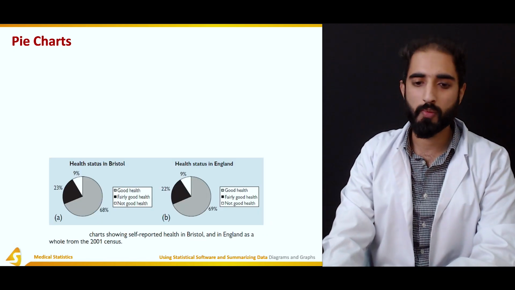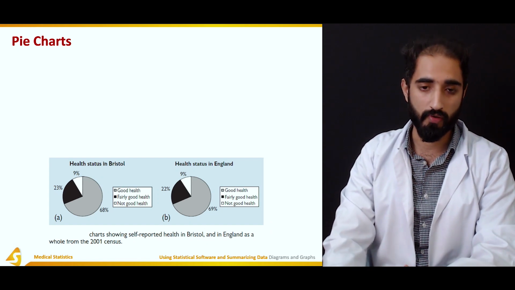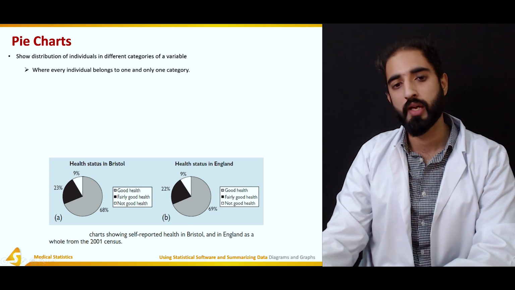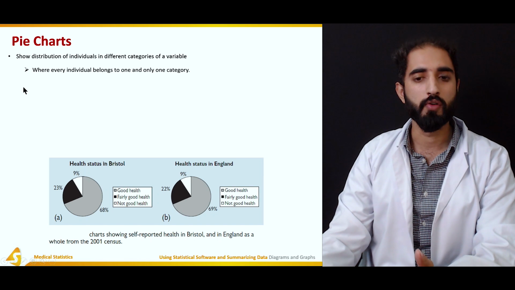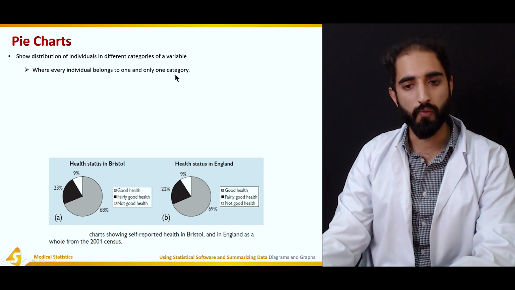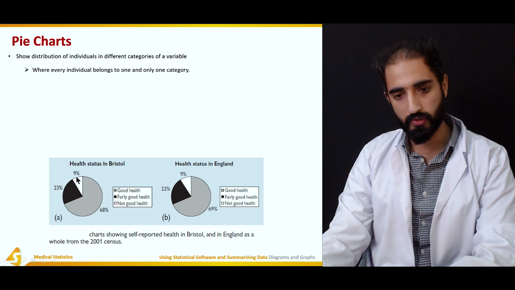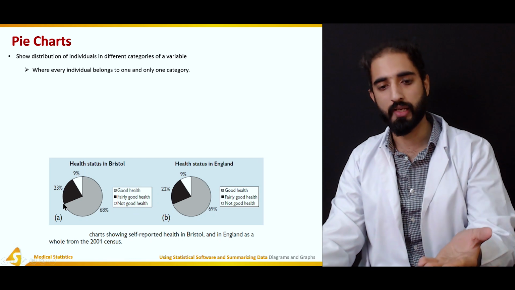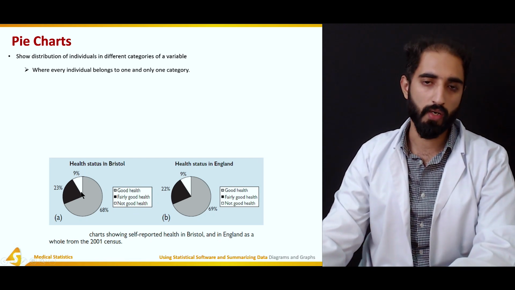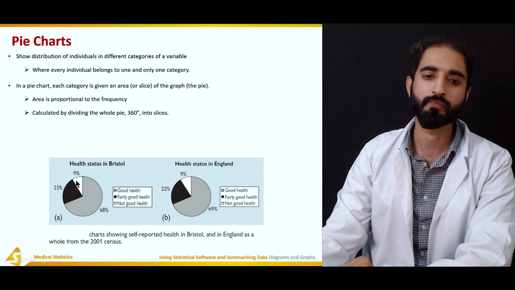Moreover, a pie chart can also be used for denoting frequency distribution, especially in terms of percentages. It shows distribution of individuals in different categories of a variable, where every individual belongs to one and only one category. So here we have three categories, for example, health status: good health, fairly good health, not good health, and we have the individuals distributed in the pie chart in the three different categories.